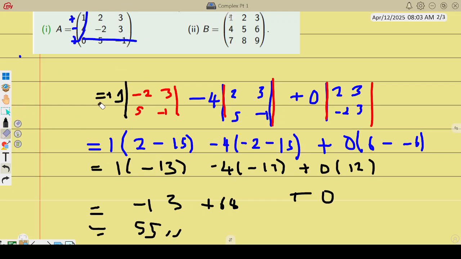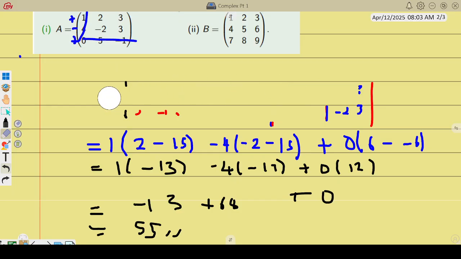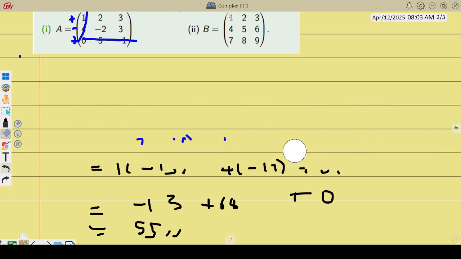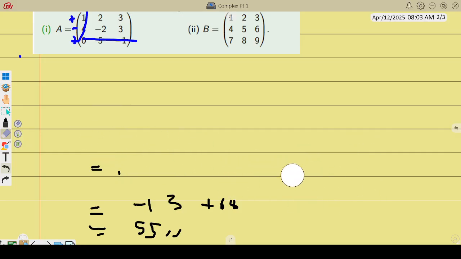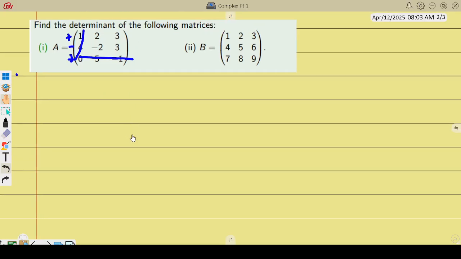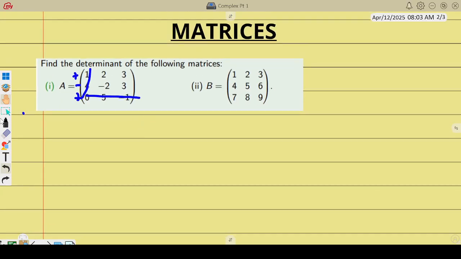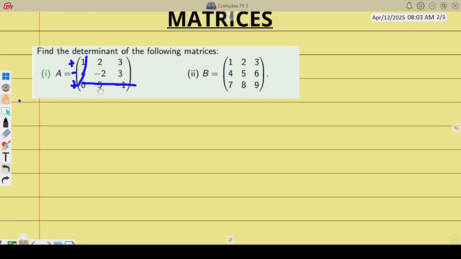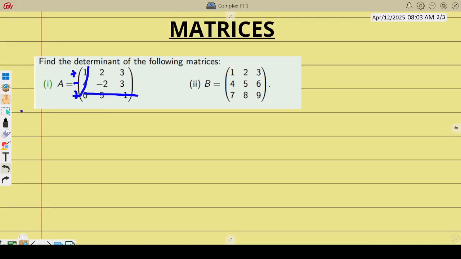This is very common in an exam, maybe multiple choice. These lecturers are very crooked, very wicked. So our answer is 55, but they can give you even a 5 by 5 matrix, just to make sure that you waste your time.